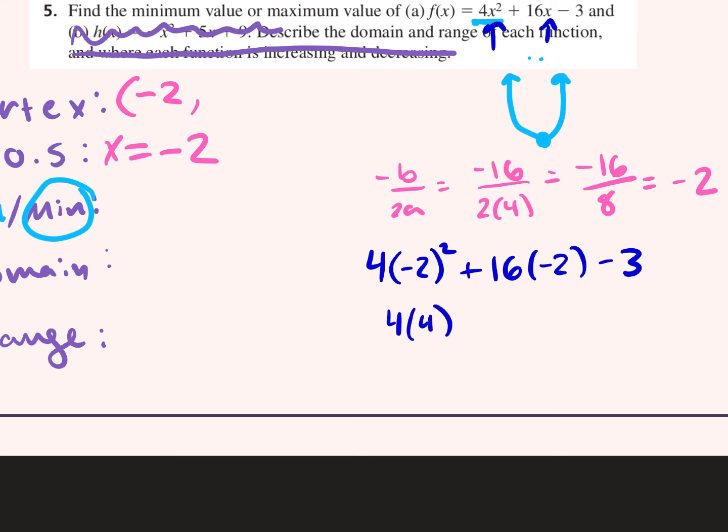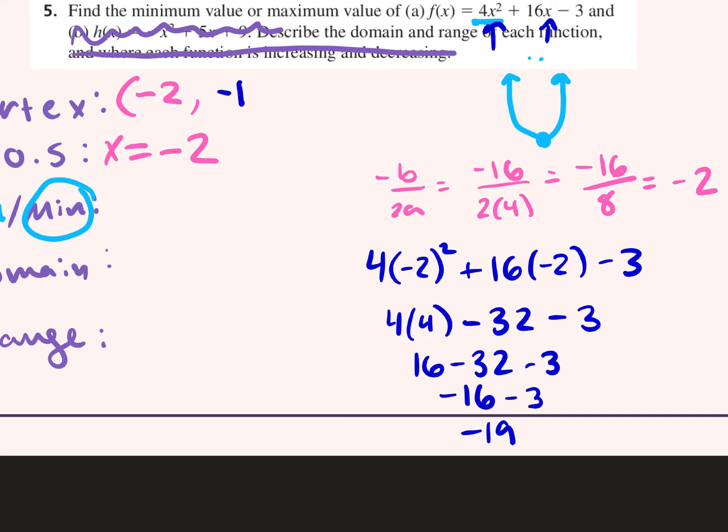So you're at 4 times 4. Plus 16 times negative 2 would be negative 32 minus 3. 4 times 4 is 16. So 16 minus 32 minus 3. We get negative 16 minus 3, which is negative 19. So the second number in my vertex is negative 19.